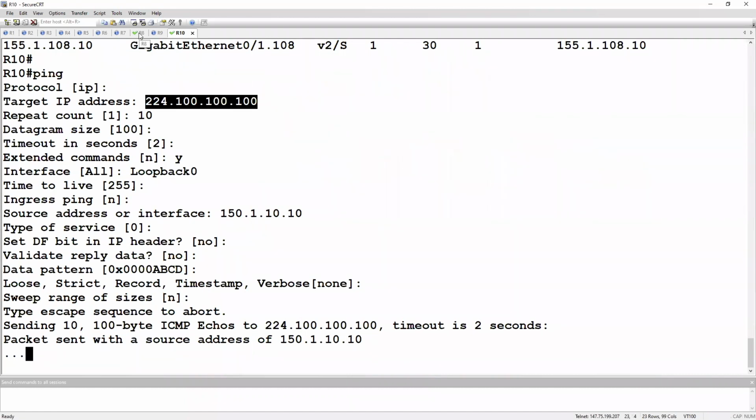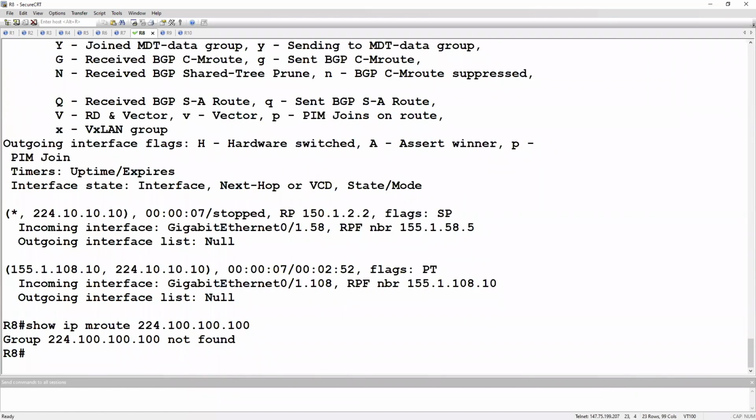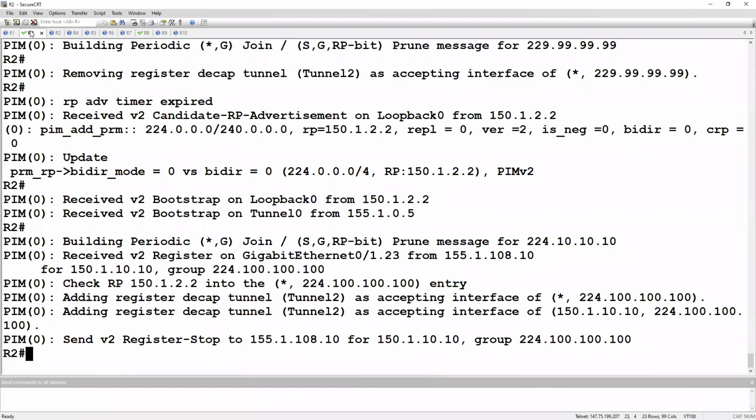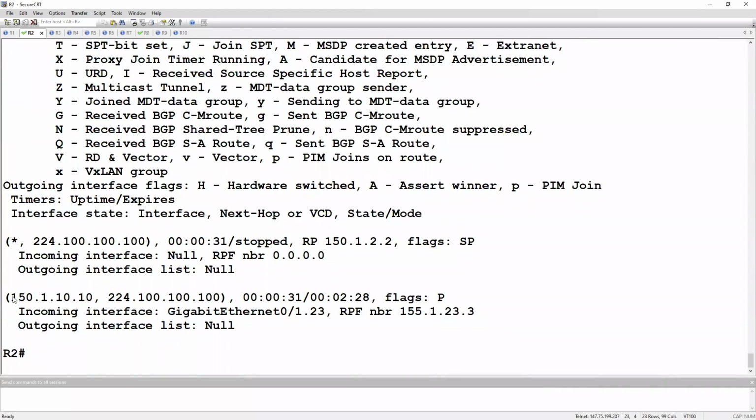Okay, so if we now look at router 8 in show IP mroute for 224.100.100.100, it's not going to know about this because the PIM register message is a unicast that's hopping over the other devices in the topology. But if we look at the rendezvous point in show IP mroute for 224.100.100.100, we should know about the sender.